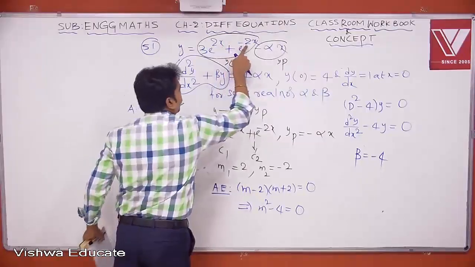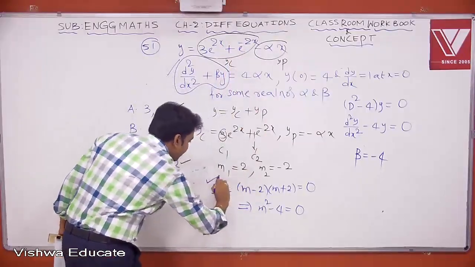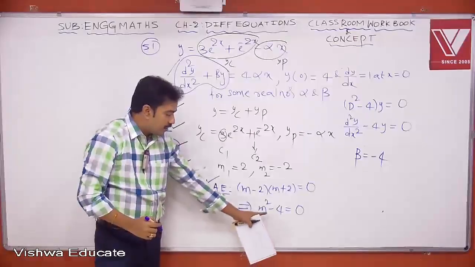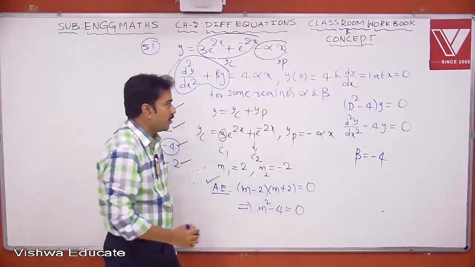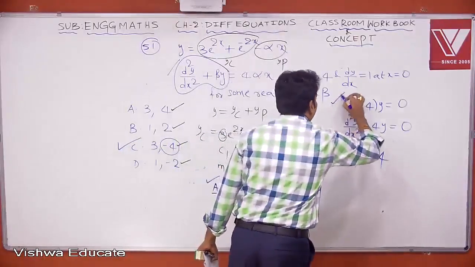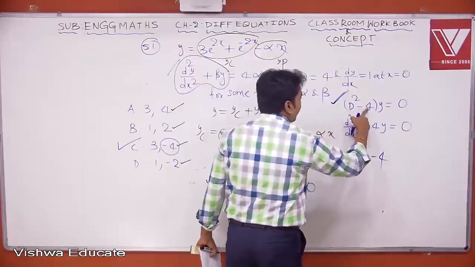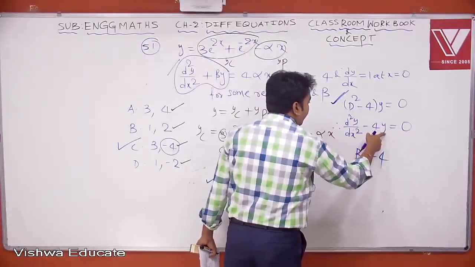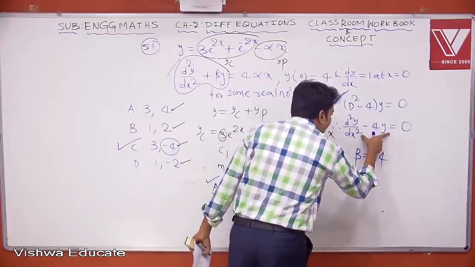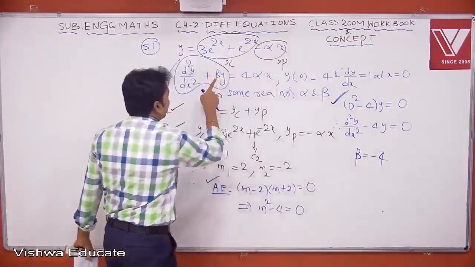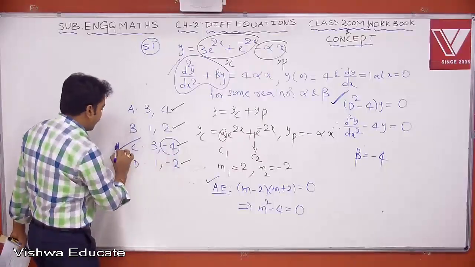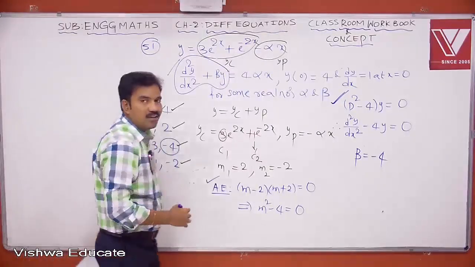When the roots are 2 and minus 2, my auxiliary equation is m minus 2 into m plus 2 equal to 0, so it is m square minus 4 equal to 0. Therefore, the corresponding differential equation is d square minus 4 of y equal to 0, so d square y by dx square minus 4y is 0. Now compare this with the given question, then beta will be minus 4. That is happening only in option C. Hence, option C is the right answer.